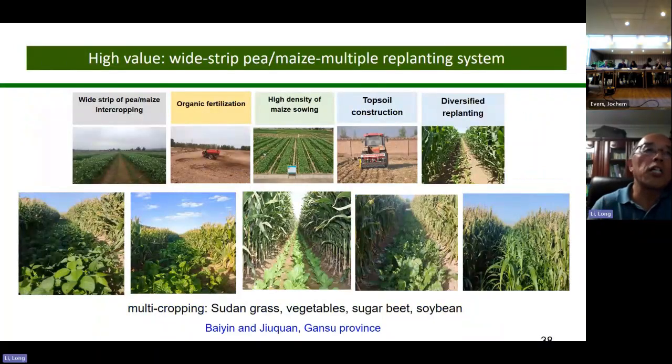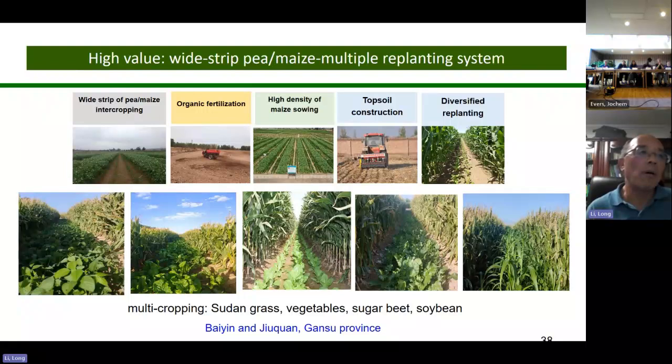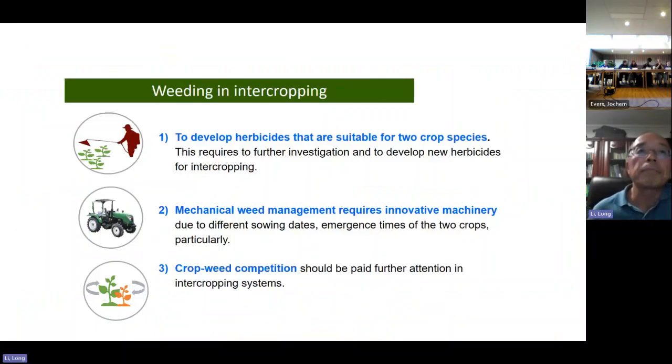We also extend some narrow intercropping. Most operations are done by hand, but use very high-value crops, for example fresh pea intercropped with maize, also fresh soybean that can be sold in the market at a very high price.